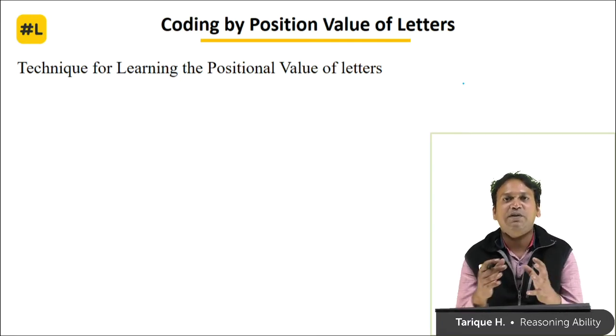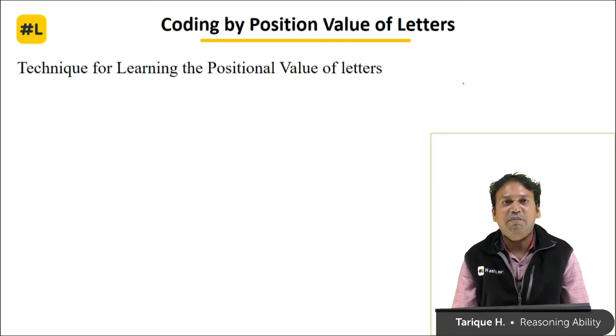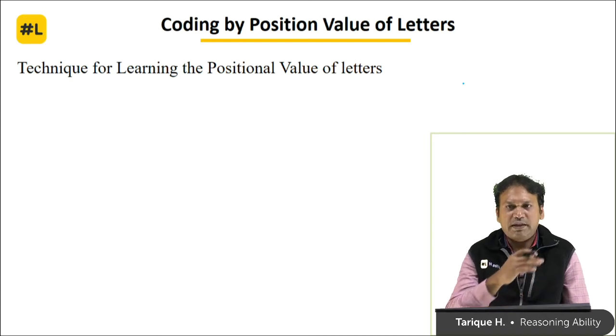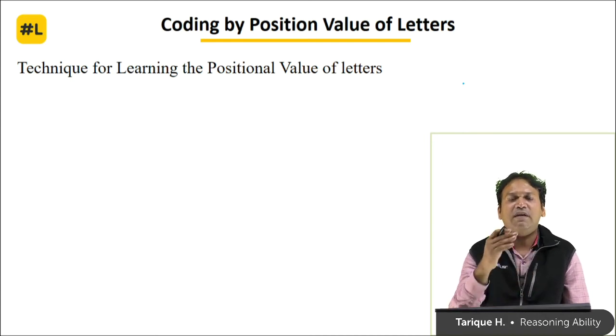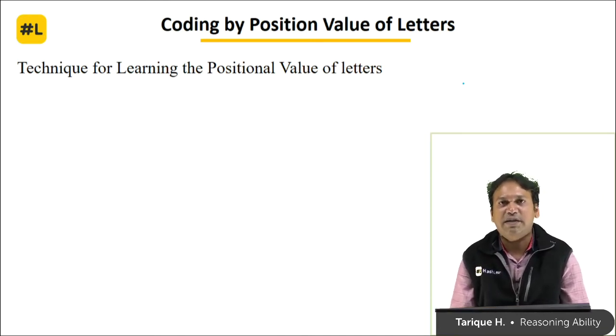So see, our purpose is to make learning easier for you, simpler for you. That will be our goal throughout, okay? So we will learn a technique here, how to simplify the process of solving these questions based on positional value of letters. Instead of learning the positional value of all letters by hearting them like a parrot, A1, B2, C3, D4, that is not a good strategy.